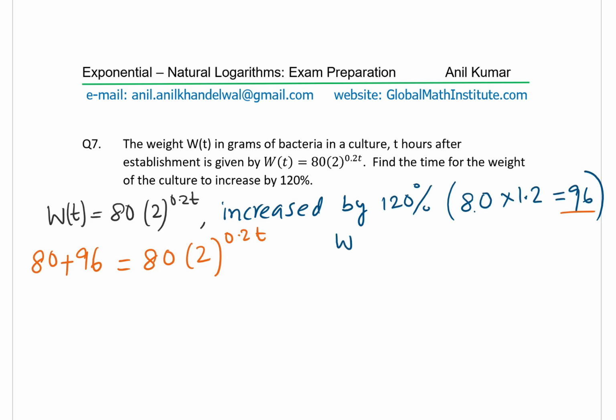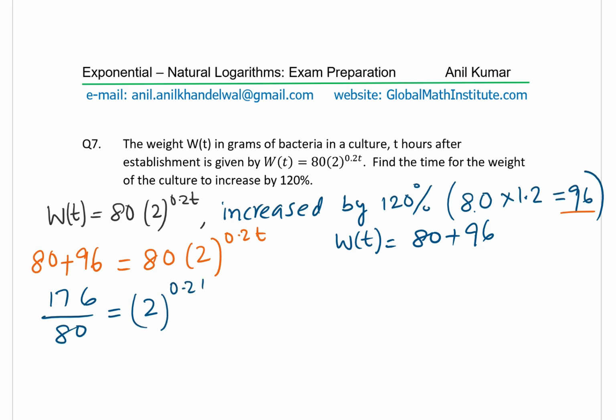So the final weight we are looking for is 80 plus the increase of 96, right? This is a critical step. Now we just need to solve for it. We can add 96 and 80 to get 176. We'll divide by 80 and that will be 2 to the power of 0.2t.